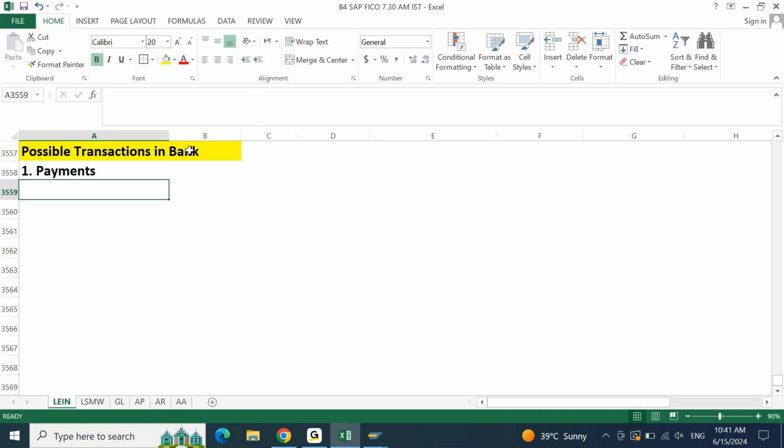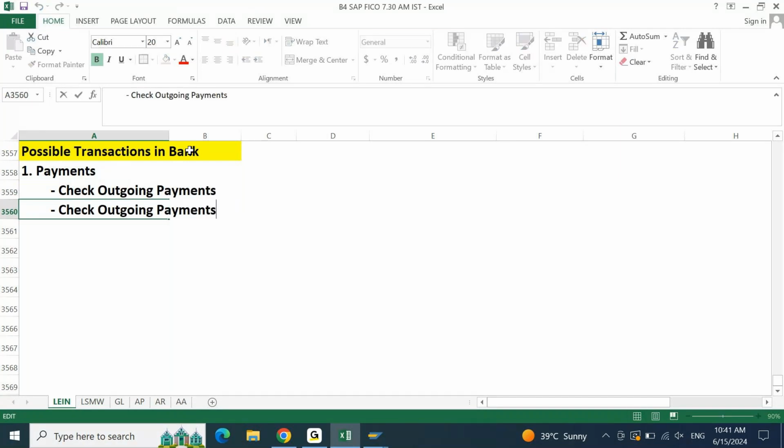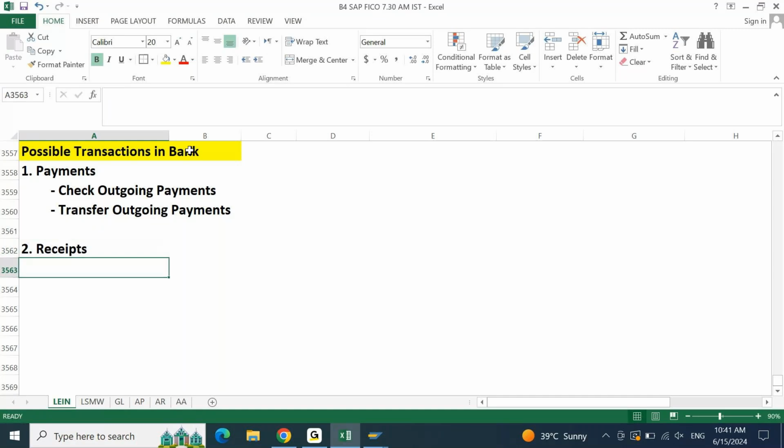I would say check outgoing payments. Similarly, you can also have transfer outgoing payment. And the other one, receipts, meaning you're receiving the payment.